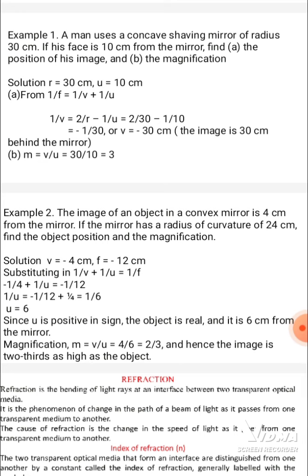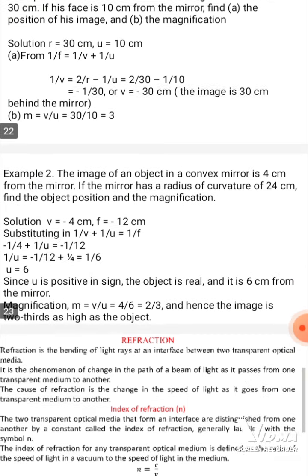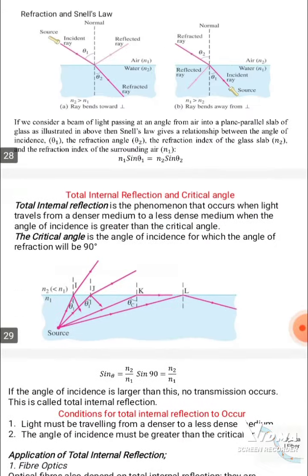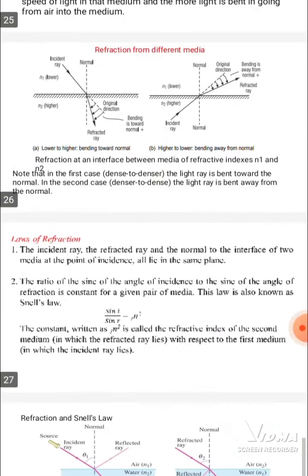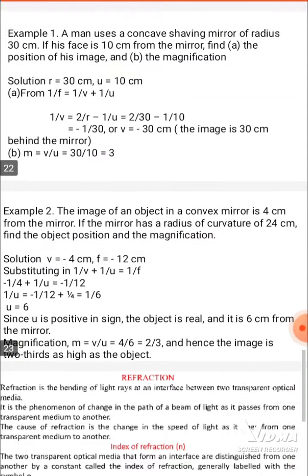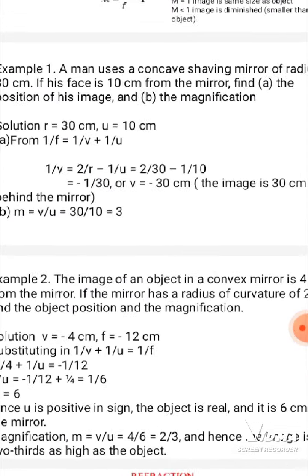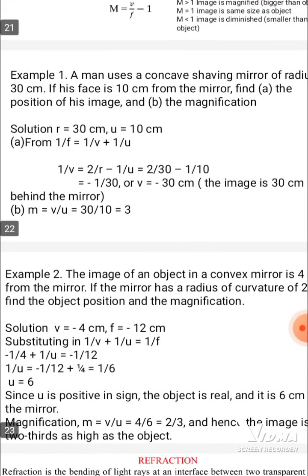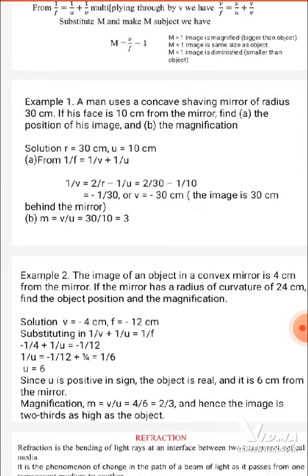All we need to do here is apply the mirror formula. 1 over F equals 1 over U plus 1 over V. But in this case, it is the radius that is given.